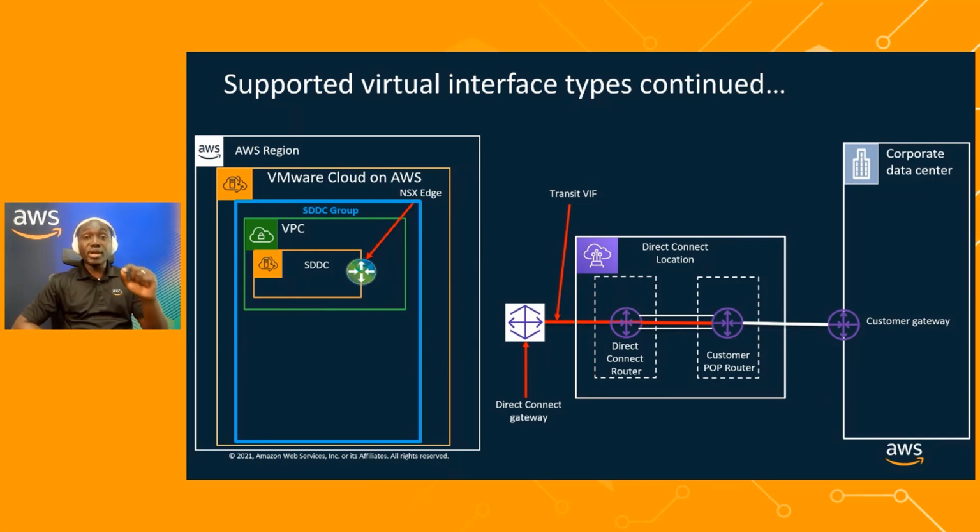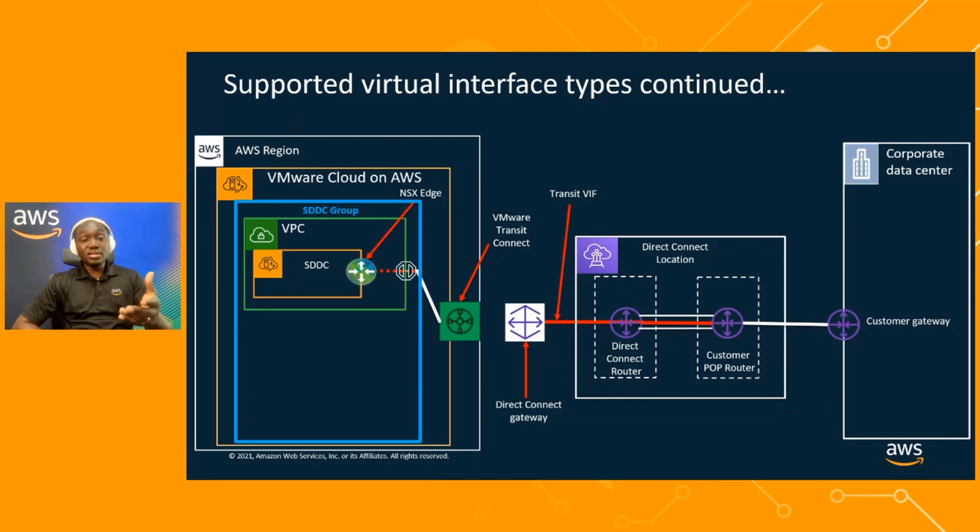When you create an SDDC group from the SDDC console, we create a Transit Connect in the background, and then we attach this VMware Cloud on AWS environment to that Transit Connect. And that is how we are able to get it to work.